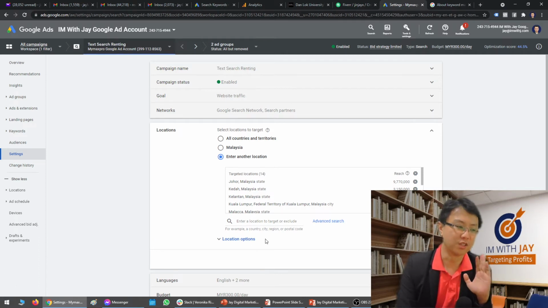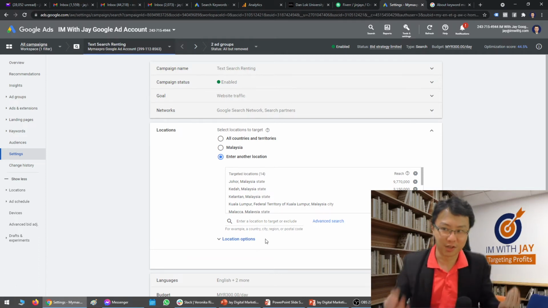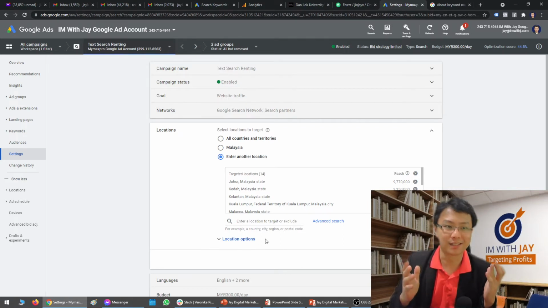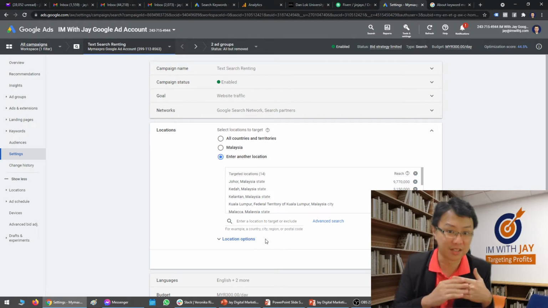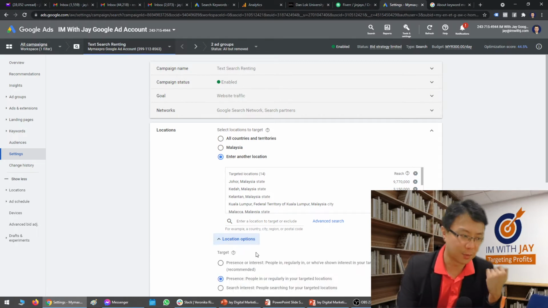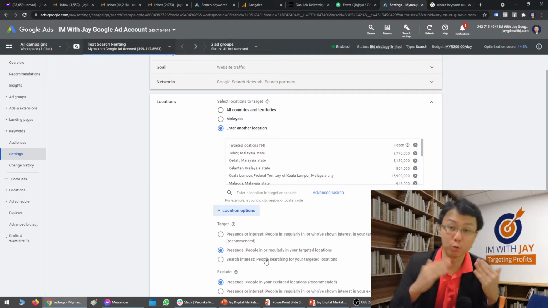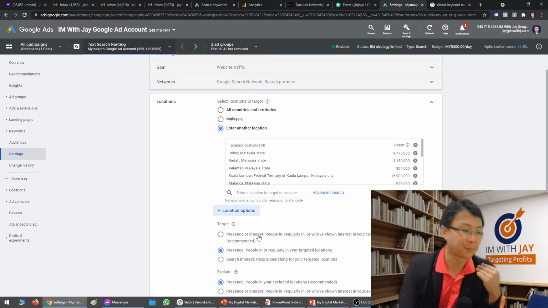So what we don't want is somebody in the United States typing computers in Malaysia and this ad appears, because you'll just have to pay for clicks that are not going to result in any sales, and that's what I'm all about. I want you to get meaningful clicks. I want you to get visitors who there's a very good chance for you to do business with.